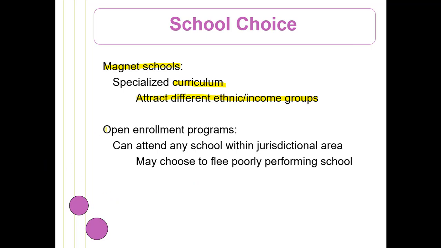Open enrollment programs are other ideas out there where students can attend a school from anywhere within any jurisdictional area. And so then, of course, that has to do with reputation, as far as, is this school better? Then it might start attracting more people from other jurisdictions.